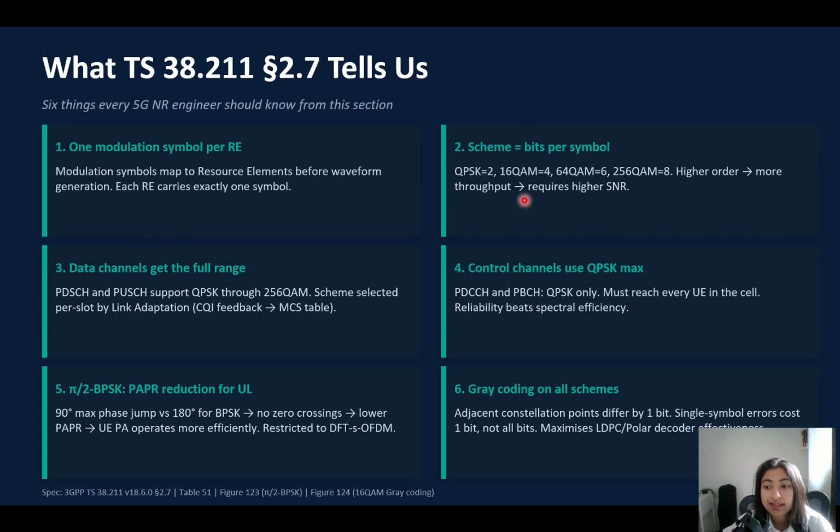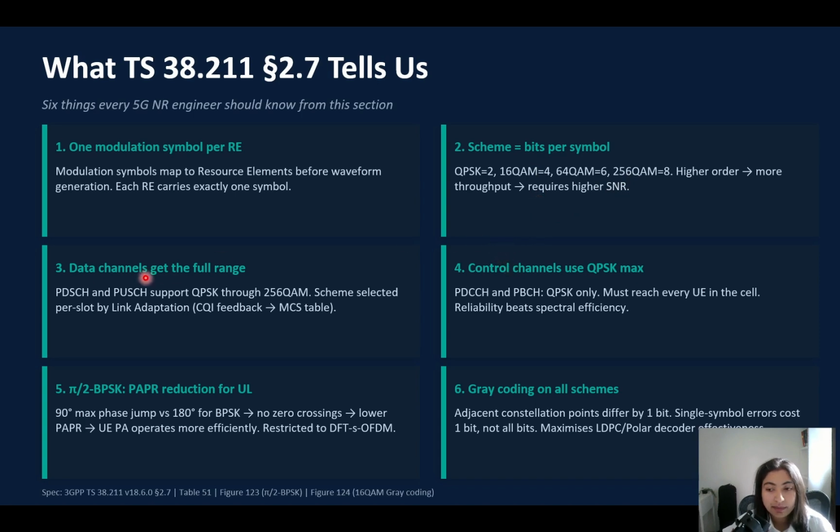Number 2 is that the modulation scheme determines the number of bits that are mapped per symbol. This is log base 2 of M. We have QPSK up to 256 QAM, which determines how many bits are mapped onto one symbol.